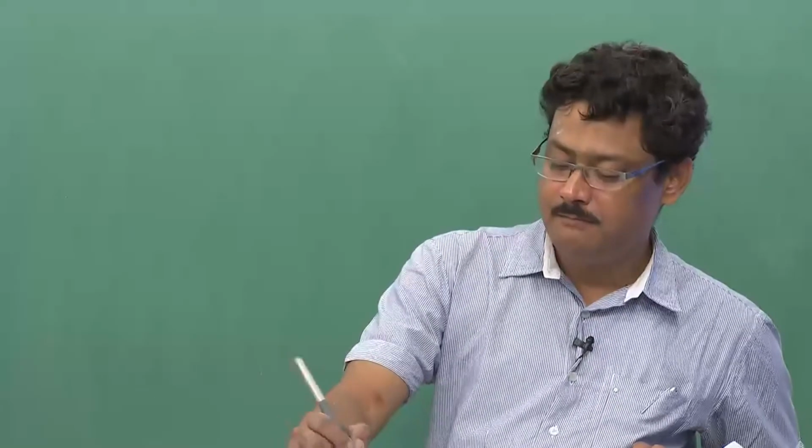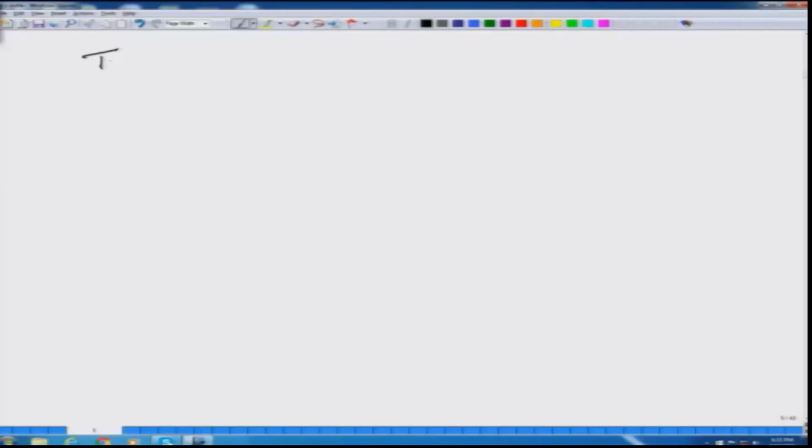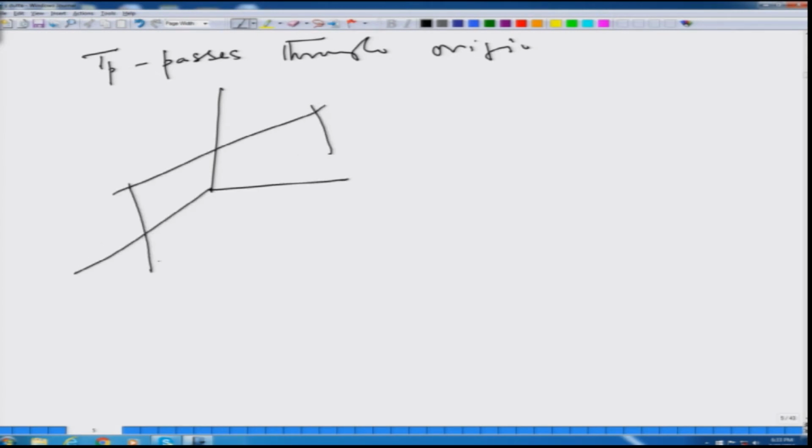Now, any plane that passes through the origin is generated by two vectors. But whatever passes through the origin, some plane is passing through the origin.